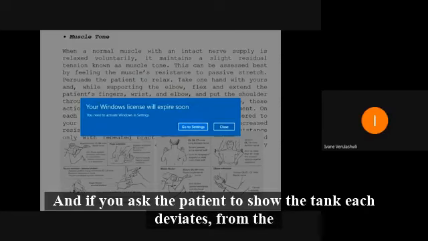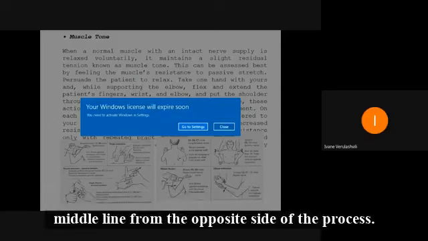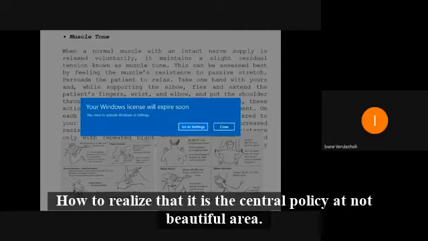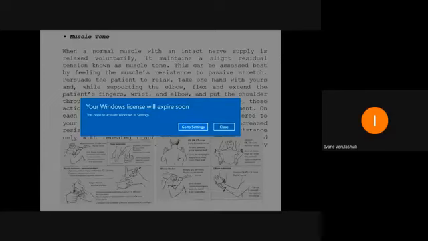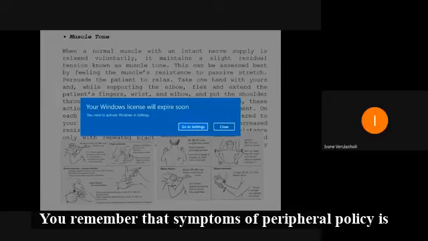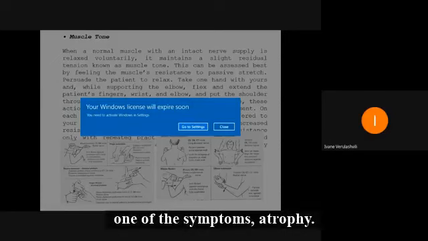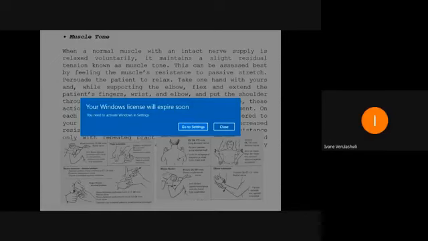And if you ask the patient to show the tongue, it deviates from the midline to the side opposite the process. If the left tract is damaged, the tongue will deviate to the right side. How do we realize that it is central palsy and not peripheral? You remember that one of the symptoms of peripheral palsy is atrophy.